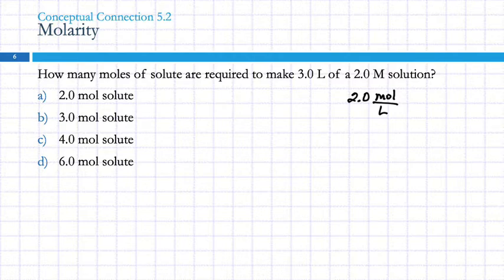So if I want to make 3 liters of a solution that's 2 moles per liter, how many moles do I need? 6, right? 3 liters times 2 moles per liter, the liters cancel out, and it gives me 6 moles. So molarity, we're going to find out, is another very useful conversion factor. Any questions?